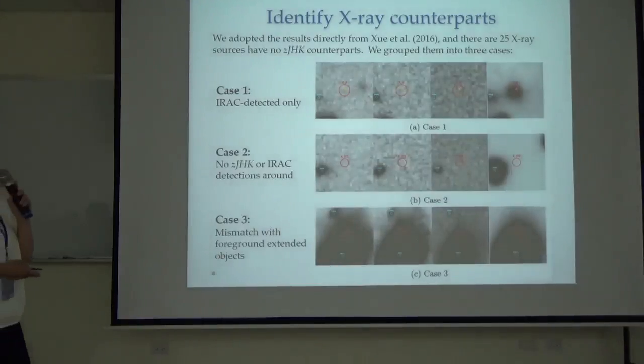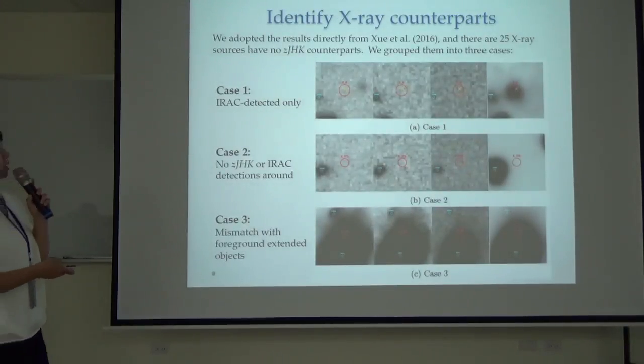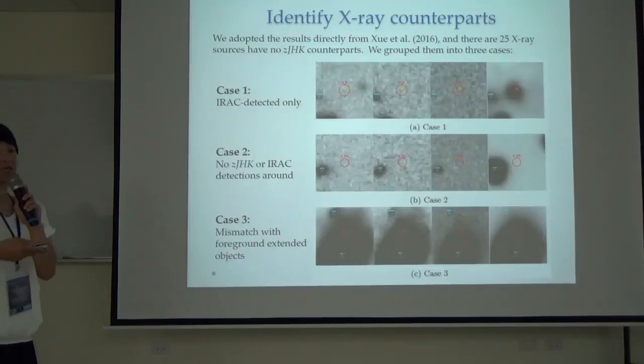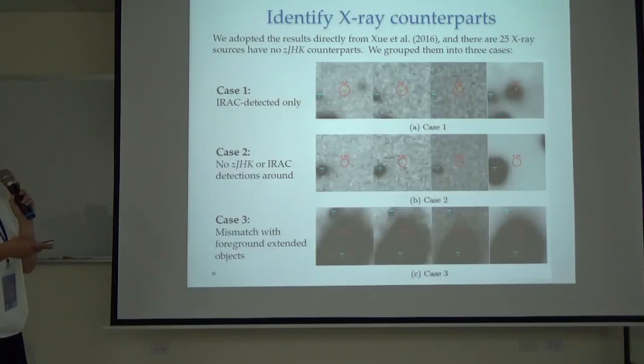So after the astrometric calibration, we have to find the X-ray counterpart. We directly use the X-ray counterparts found from SU 2016, because they use a very reliable likelihood ratio, a maximum likelihood method, to find the counterpart.